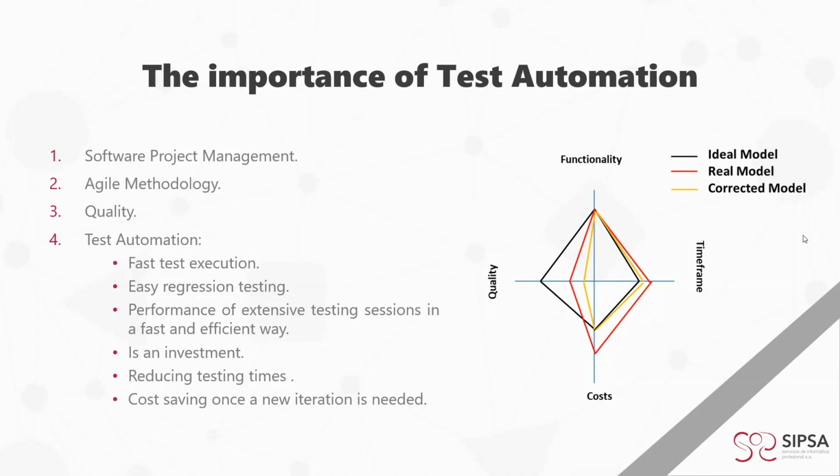Rather than as an extra cost, test automation should be considered as an investment, since the cost of automation starts to pay back in the moment that hundreds and hundreds of test cases are executed at the same time. You're reducing testing times dramatically, not to mention the cost saving once a new iteration is needed.